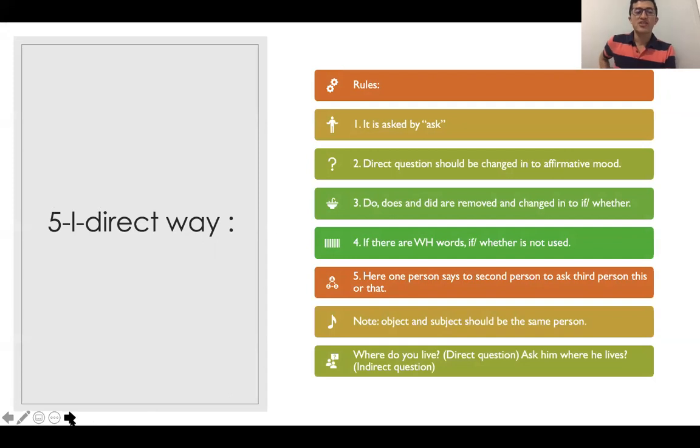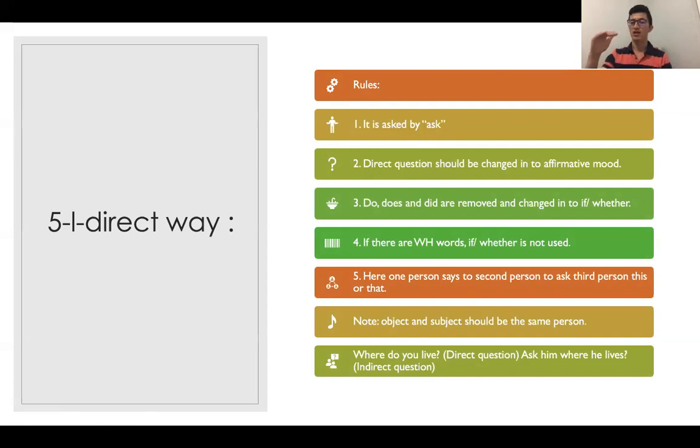So the first one is direct way. When you want to ask an indirect question in direct way, remember, always the question starts with ask. Number two, direct questions should be changed into affirmative mode. So we can't use interrogative mode in our sentences when you ask an indirect question.